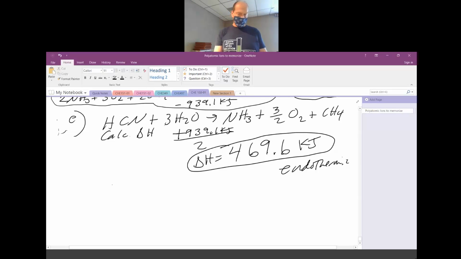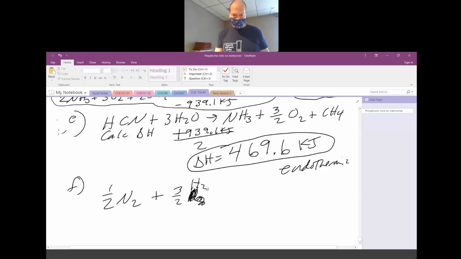So here we have, we're still on problem number 11. This doesn't have a letter, we'll call it F. All right, 1/2 N2 plus 3/2 H2 yields NH3. The delta H for this is negative 45.9 kilojoules.